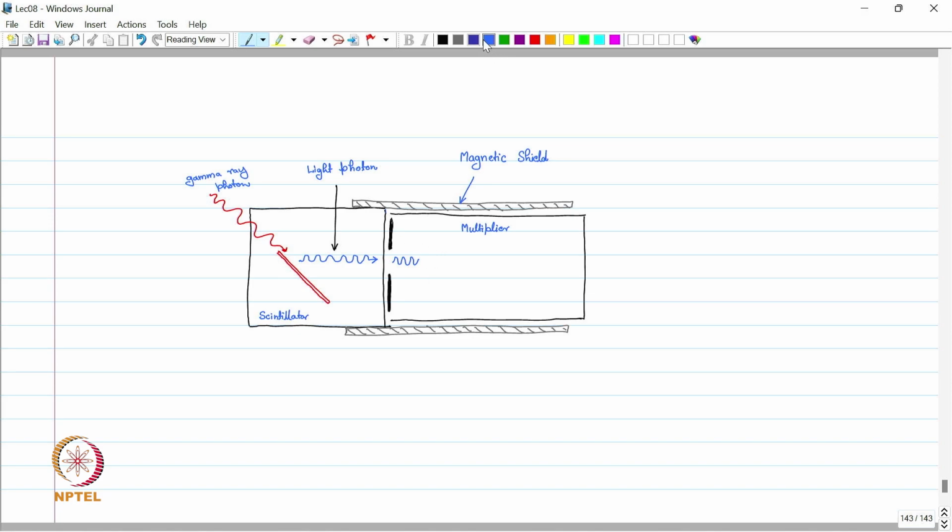And this interface is typically a photocathode, and the other side is the anode.